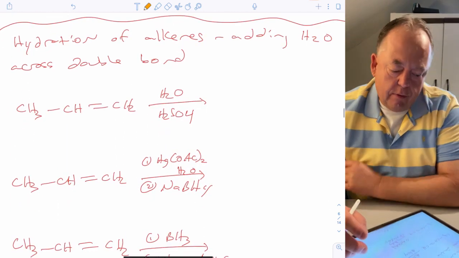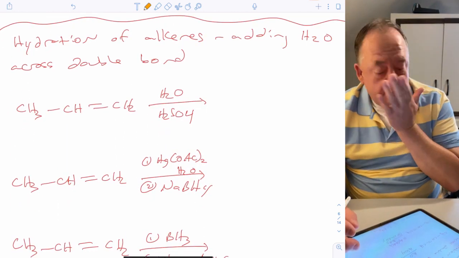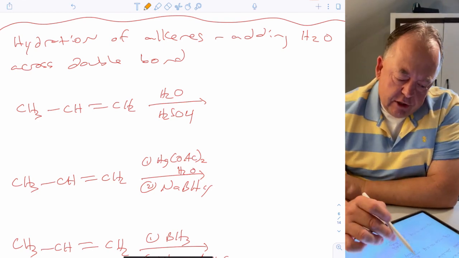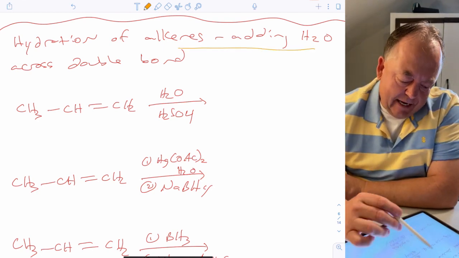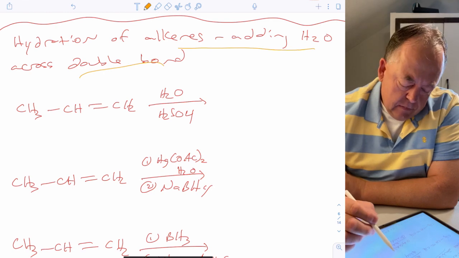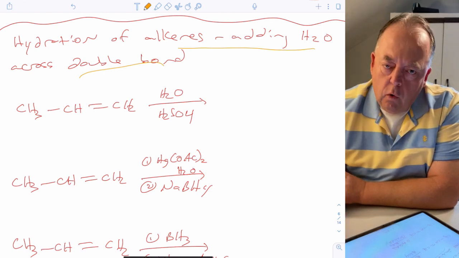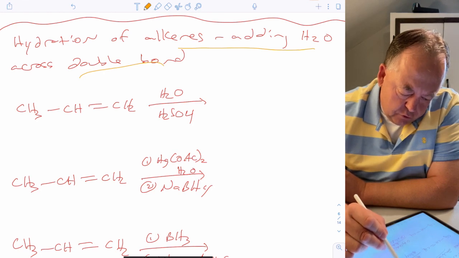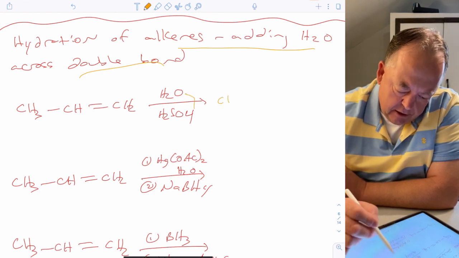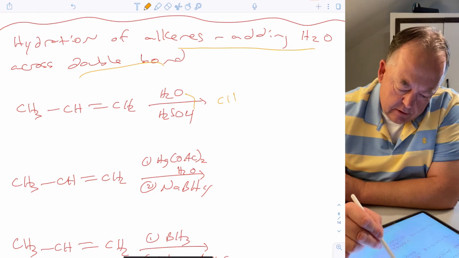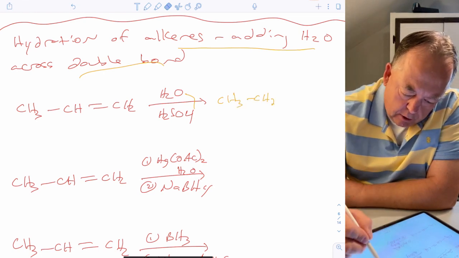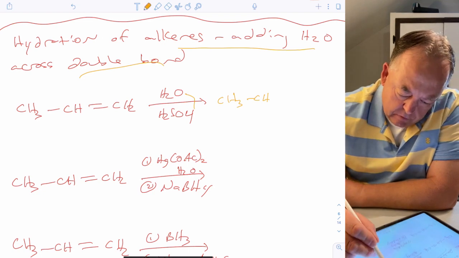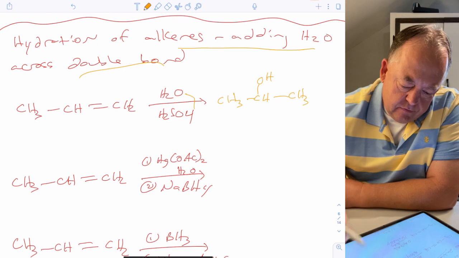Okay, so let's look at 3 more reactions in this lecture. So this will be the hydration of alkenes. So that would be adding water across the double bond. So you're going to add H and OH across the double bond in this case. So if we did this reaction with water and sulfuric acid, then your product would be that.